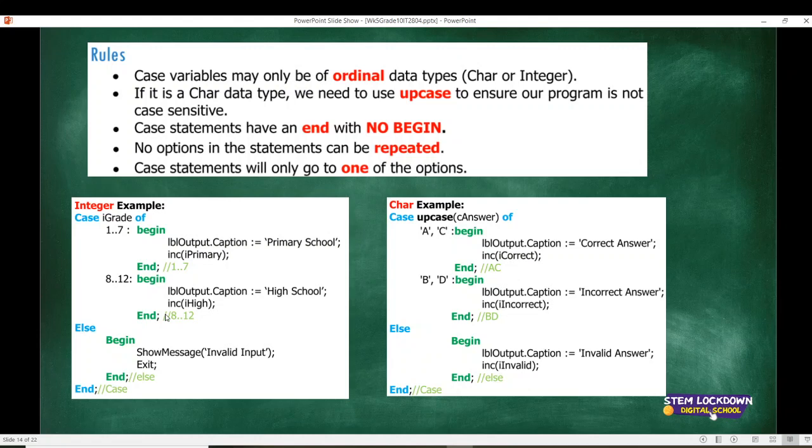It will only go to whichever one of them is true, whether that's one of the options or the else. But it's only ever going to execute one of them, and so I couldn't even have a 9 as an extra option here because it falls in between the 8 and the 12. So you can never ever repeat a particular option in a case statement. Okay.